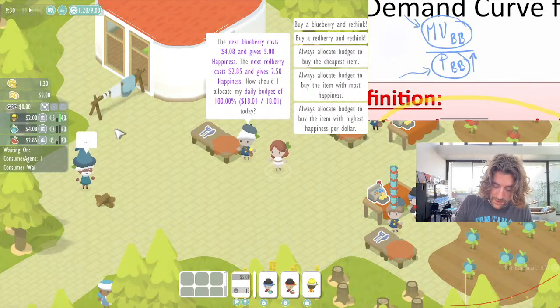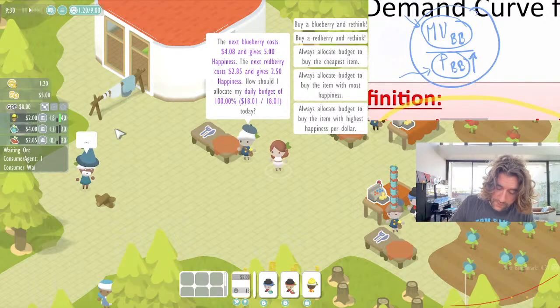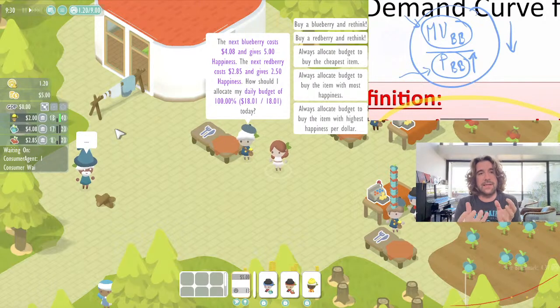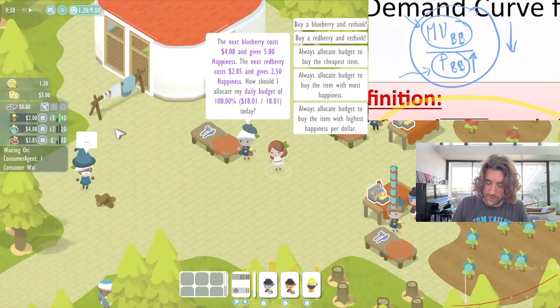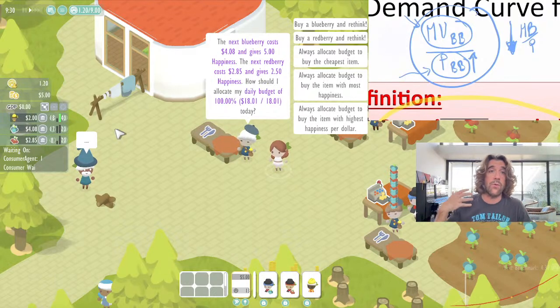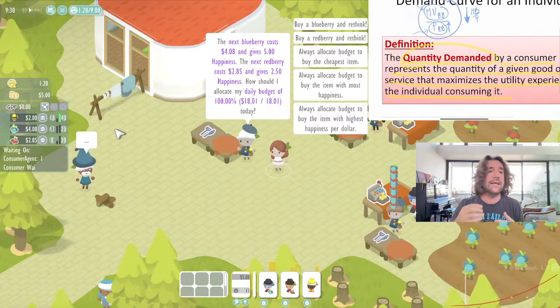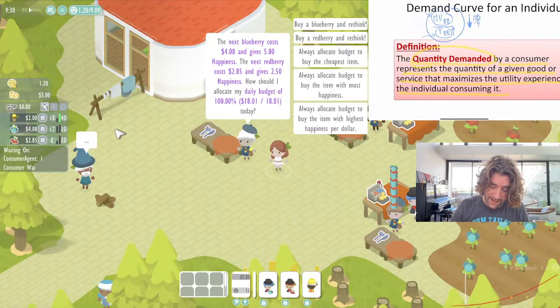So when the denominator of this formula goes up, this overall will go down, will decrease. If something at the denominator becomes bigger, the whole fraction will become lower, which means that in terms of the marginal benefit per dollar of blueberries, that will tend to go down. So the quantity demanded of blueberry goes down as the price of blueberries goes up.